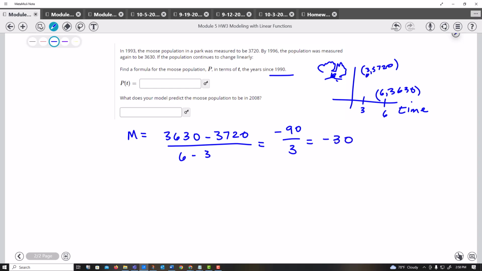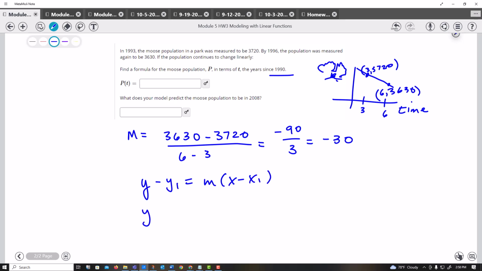And that should make sense to you, right? Because if I have these 2 points here, the line is actually going down, so I would expect to have a negative slope.